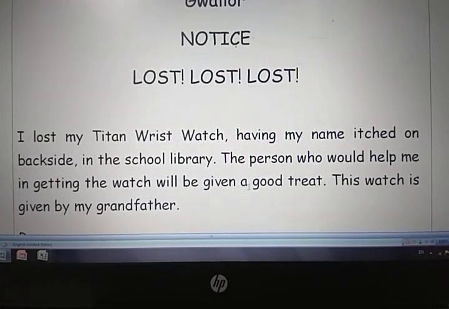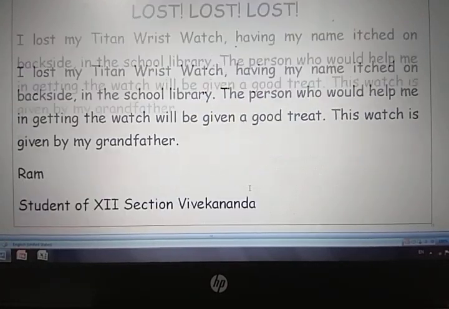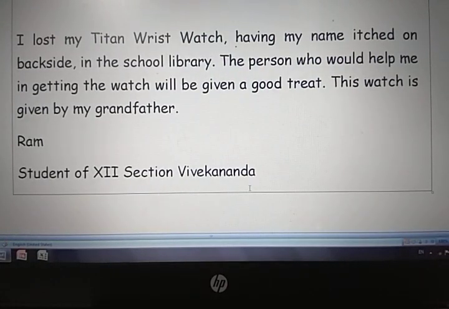The person who would help me in getting the watch will be given a good treat. Like that you should give some promise. This watch is given by my grandfather. Next, Ram, student of plus 2 section Vivekananda. Here you need not write the name of the school.